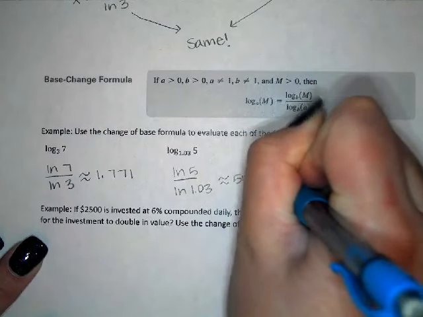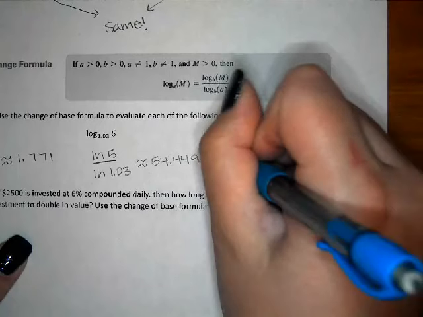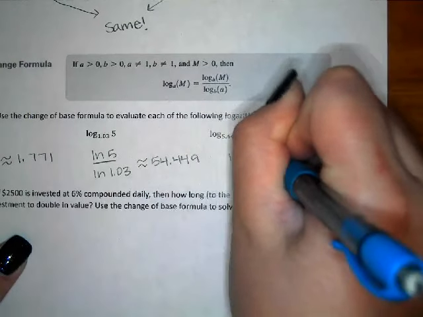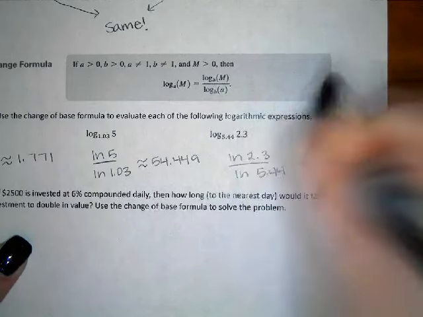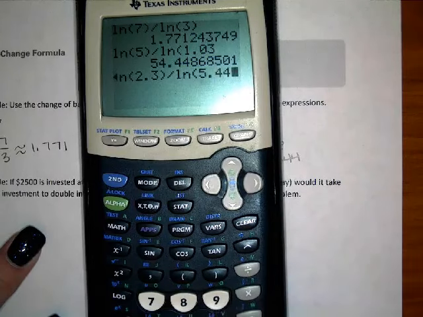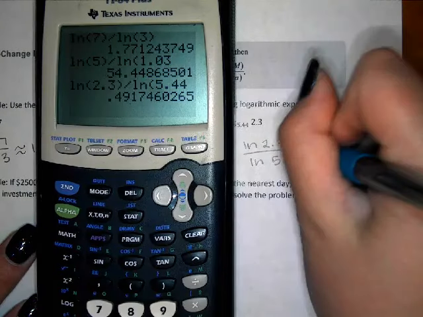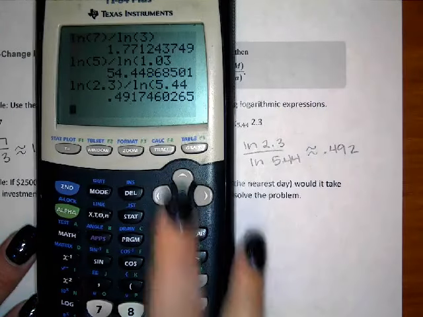Log base 5.44 of 2.3 would be ln 2.3 over ln 5.44. And all of these we could have calculated the normal way.